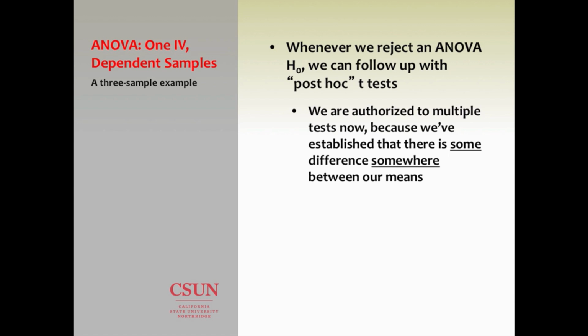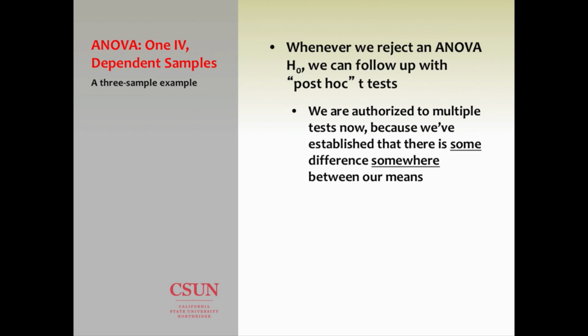We could have done that at the beginning, but there was some risk with that because the more tests we do, with each one having a 5% chance of an error, we're going to run our error rate up. The more tests we do, the more likely it is that we're going to make an error, and so we want to be conservative in that way. And so we run the ANOVA first.